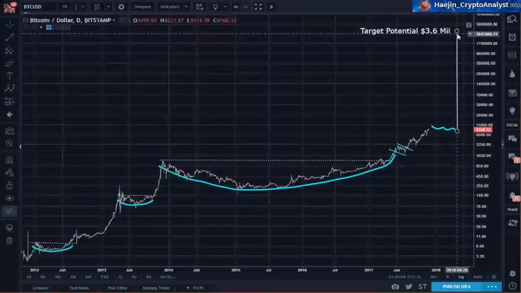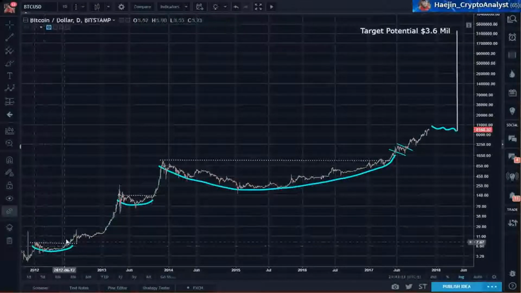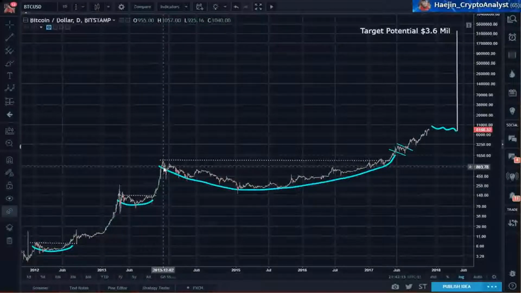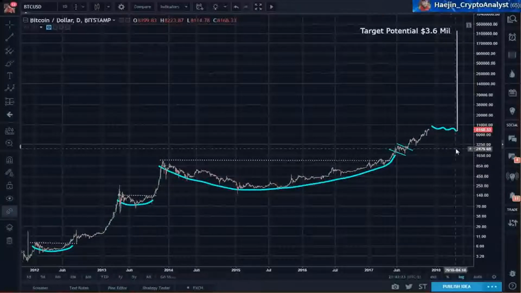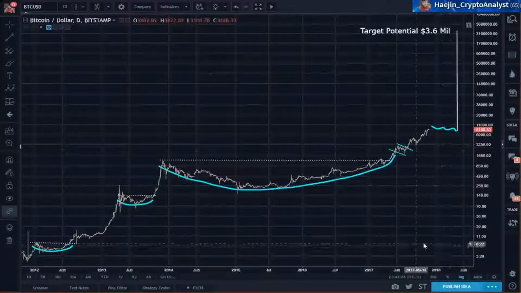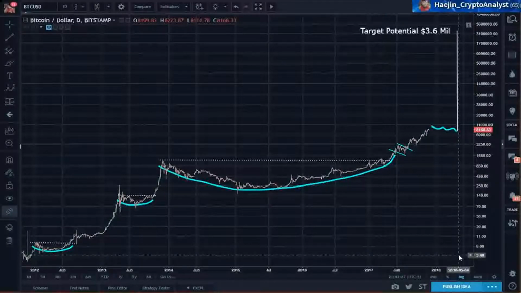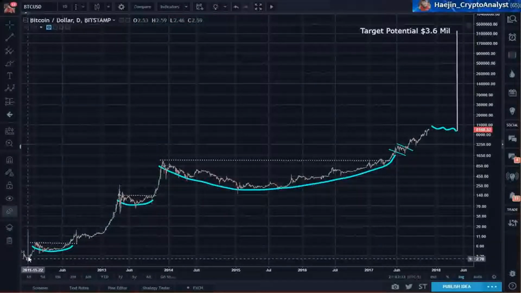I don't know how long, really. All I'm saying is I'm trying to play out the fractal here. Maybe 2020, 2022. Timeline is irrelevant at this point because I don't know. I'm only looking at the pattern fractal.